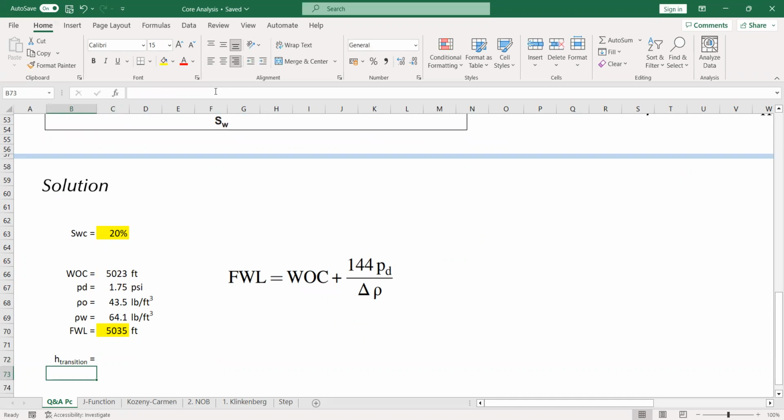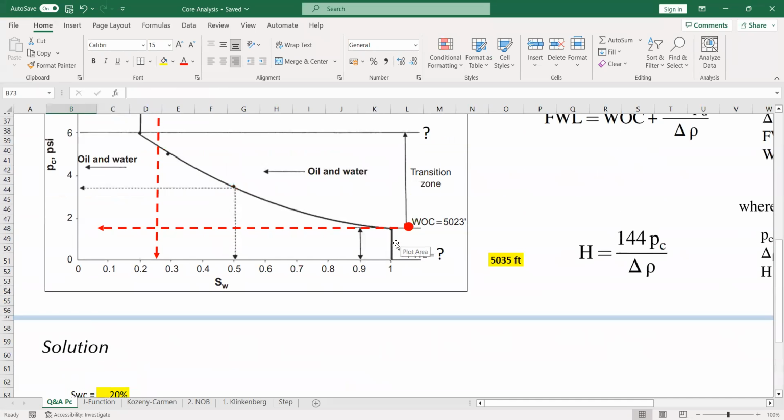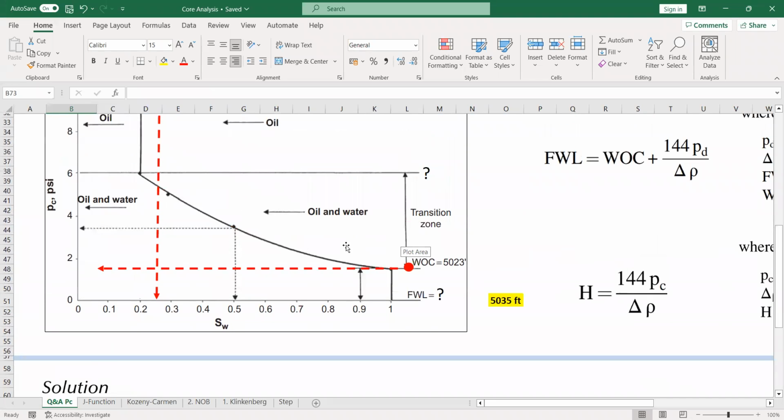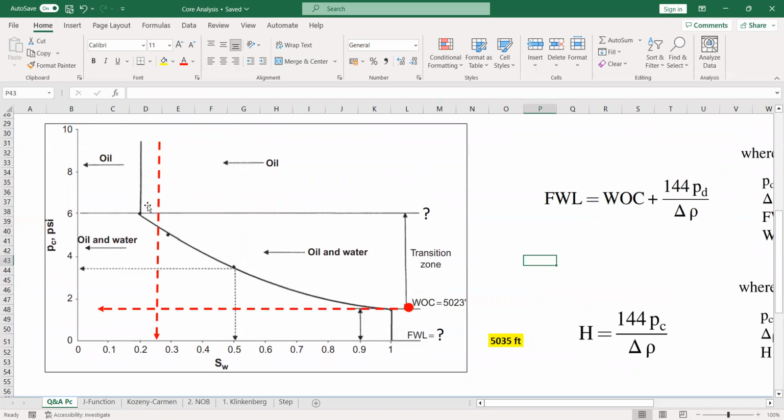Okay, so we need to think a little bit. The transition zone is, of course, starting from here and then down to the water oil contact, the position where we have water saturation greater than the connate water saturation.